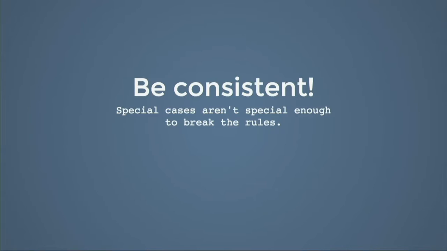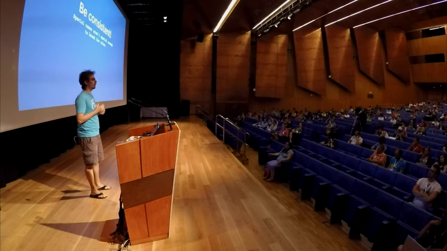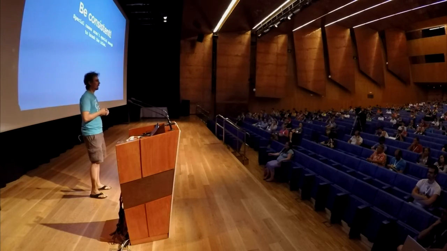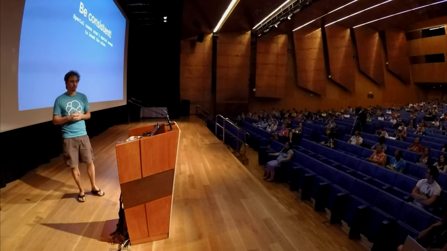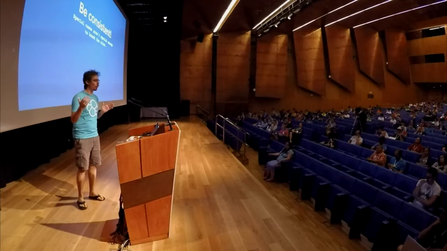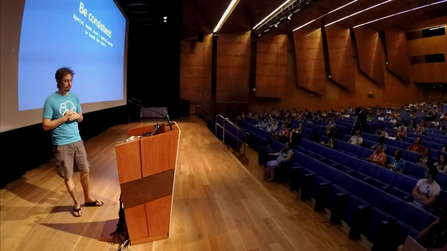So once I did that, it turned into another rule: be consistent. Once you figure out your approach, stick to it. Special cases aren't special enough to break the rules. So every single method that you have on the search object in Elasticsearch DSL will return you a copy. The chaining works just as expected.